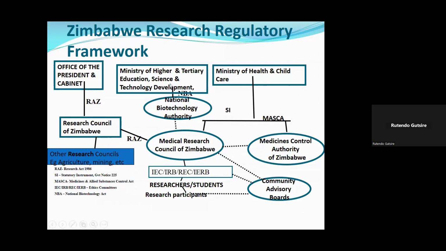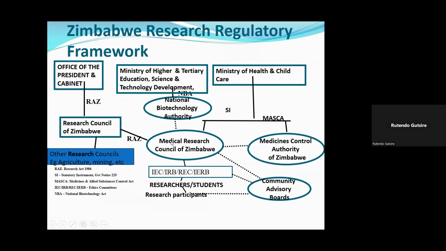Then we also have different ministries. We have the Office of the President and Cabinet, to which the Research Council of Zimbabwe reports. Then we have the Ministry of Higher and Tertiary Education, Science and Technology Development. That's our parent ministry. As universities, we report to that.